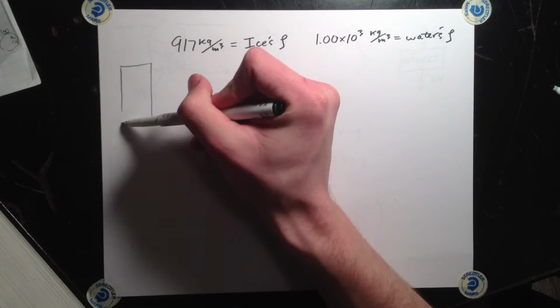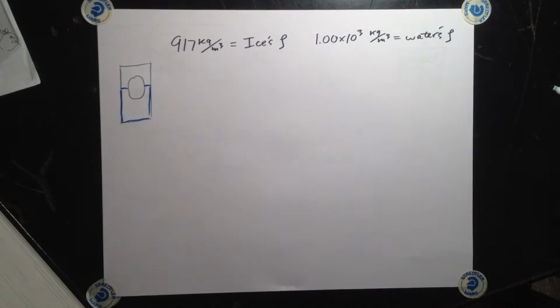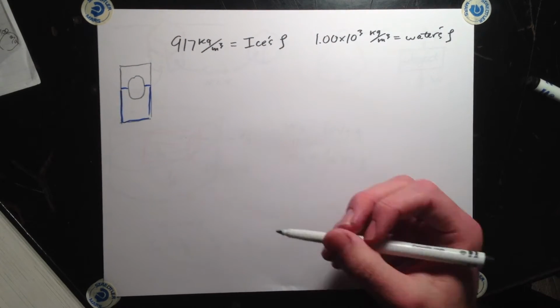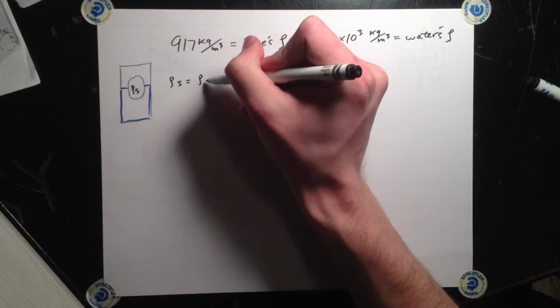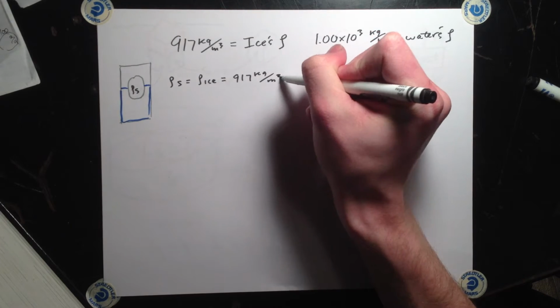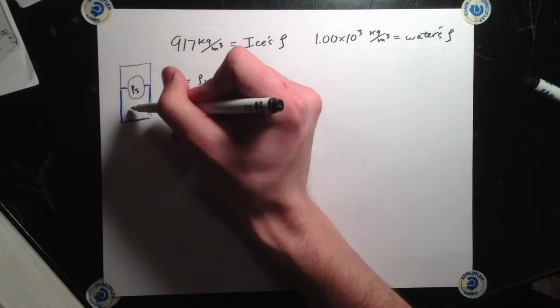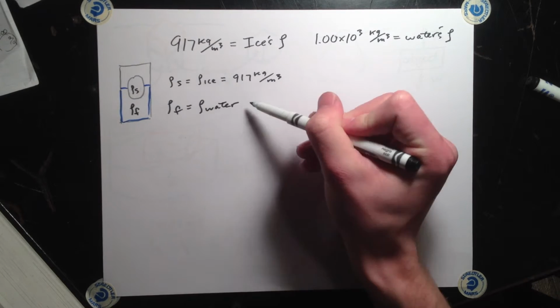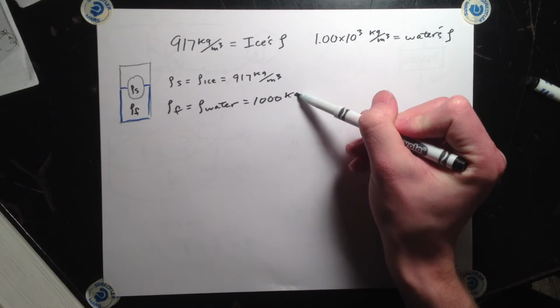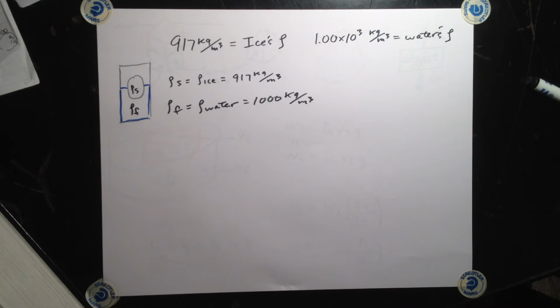In the case of a chunk of ice floating in a glass of water, the solid object is ice with a density d of s equals d of ice, which is equal to 917 kilograms per meter cubed, and the fluid is water with a density d of f equals d of water equals 1,000 kilograms per meter cubed. We can apply Ben's equation to this system.